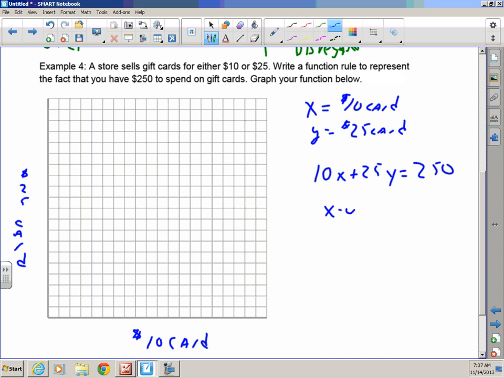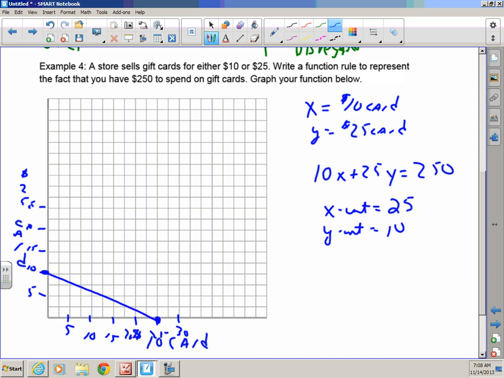So my x-intercept is I can buy 25 $10 cards, and my y-intercept is I can buy 10 $25 cards. So that gives me my parameters. Count by fives. So my x-intercept is 25. I'll count by fives here. My y-intercept is 10, and I could just simply graph as such.